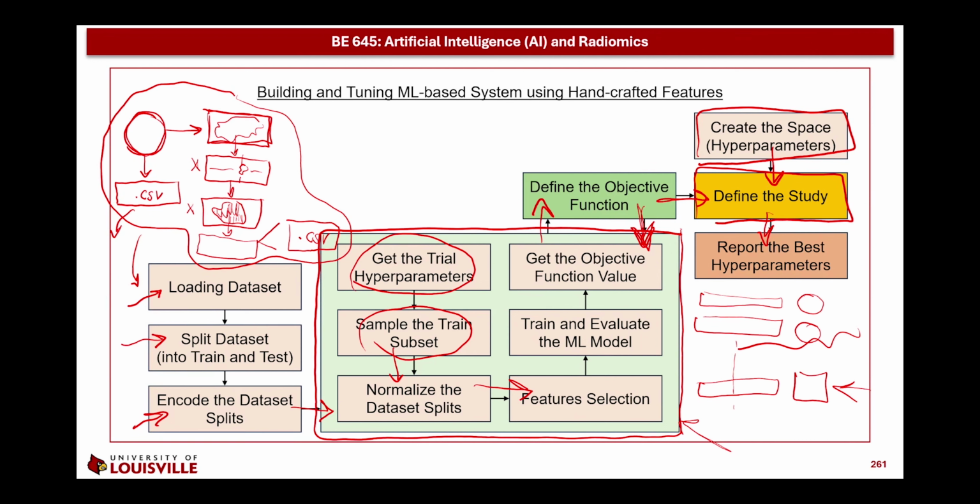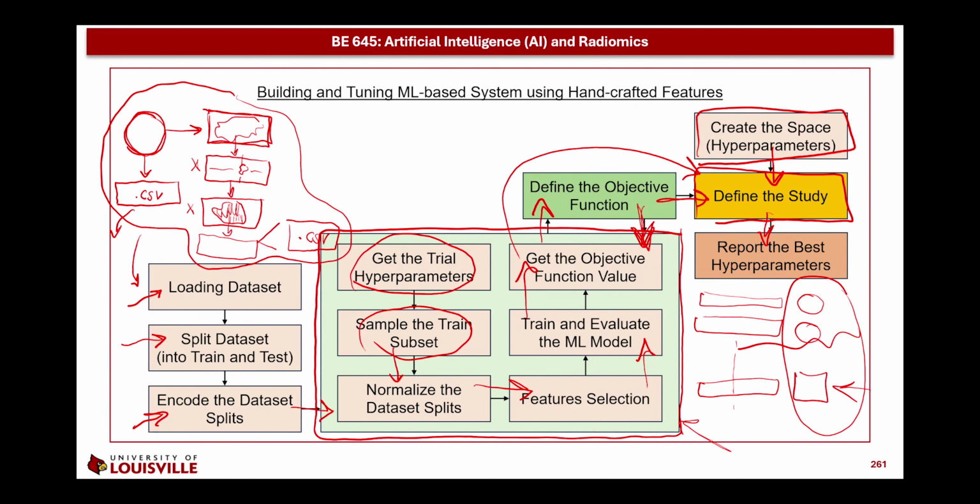Then based on the oversampled, normalized, and selected features, we are training and evaluating the machine learning model. After that, we are calculating the performance metrics and getting, for example, an average value from the performance. Then we are reporting the objective function value, which will be returned later to the study, which will be set here to select which is the highest.